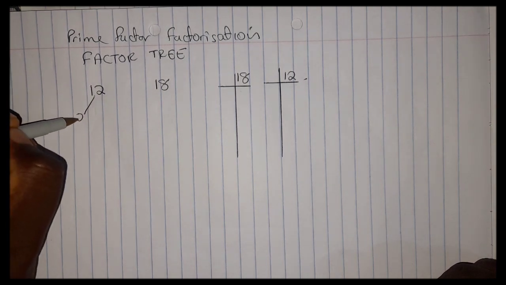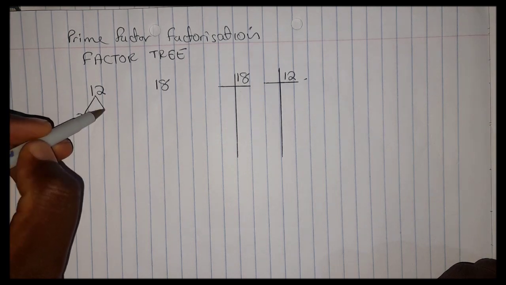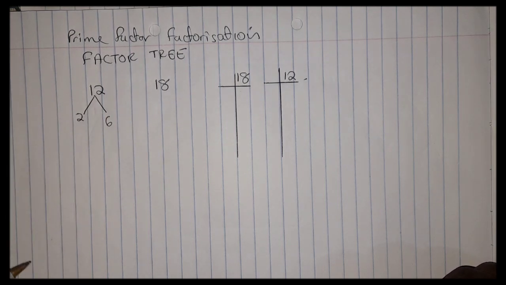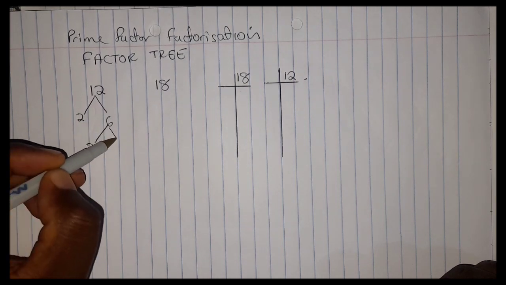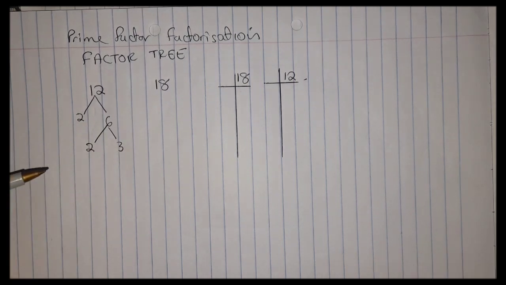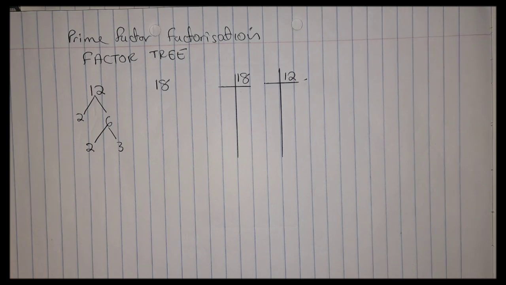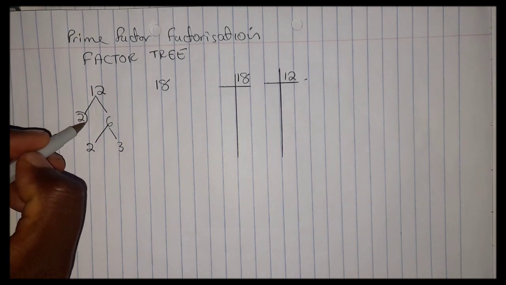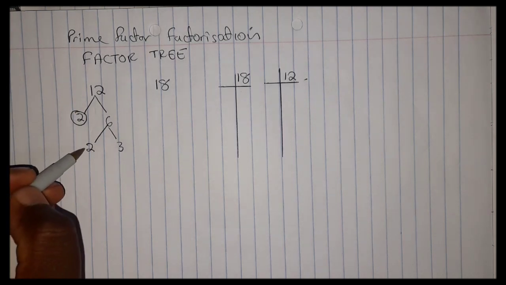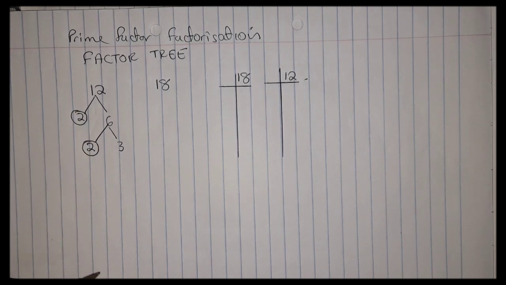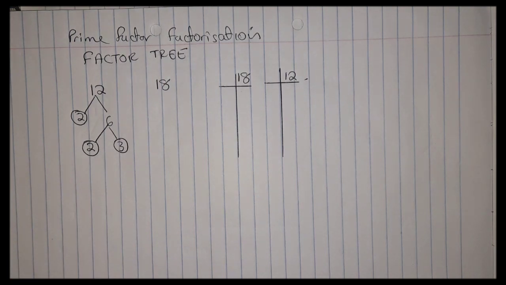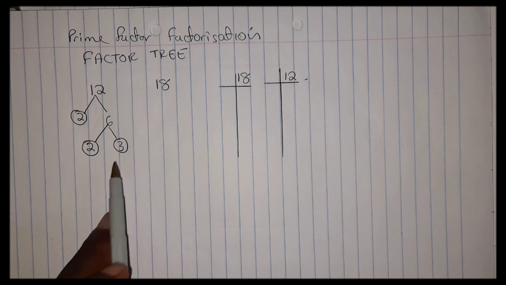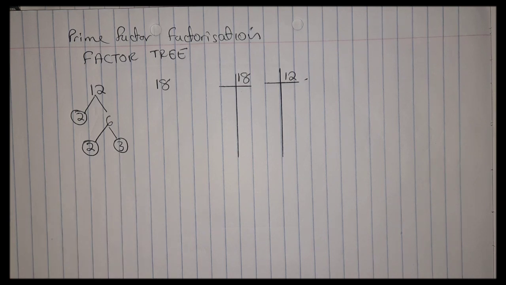12, 2 goes into 12 how many times? It's 6 times. And then 2 can still go into 6 how many times? It's 3 times. All right, 2 is a prime number, and 3 is also a prime number, and we don't have any other composite factors to decompose.